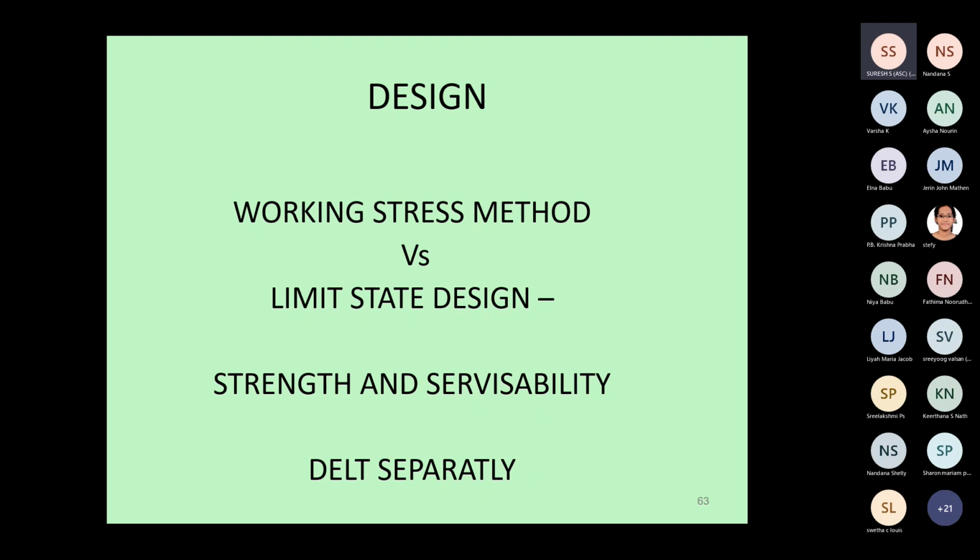This yields a certain amount of economy in the design compared to the working stress design, or working stress method, or allowable stress method. There was a design method in between. In 1954, Russians introduced limit state design. Till then, everything was working stress method.